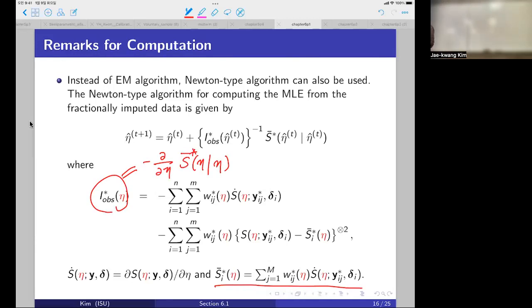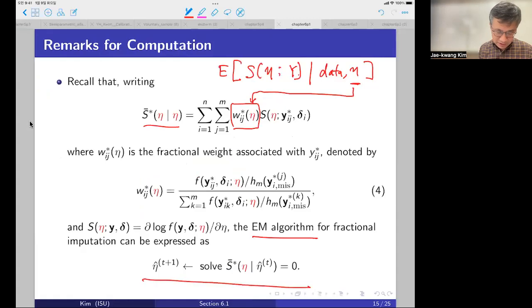And then because we have two places of eta, the first one is this guy, and the second one is this one. So that's basically what is going on. But if you look at the fractional weight carefully, you have a dependence on eta in the numerator and denominator.